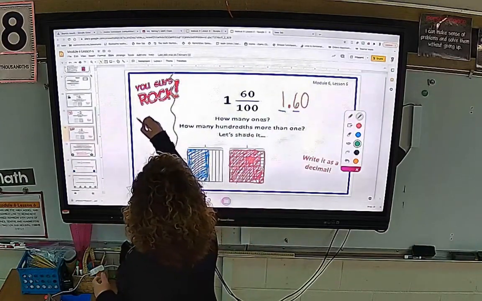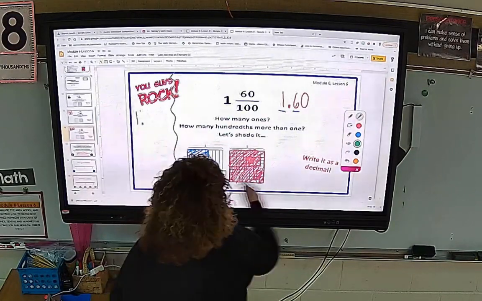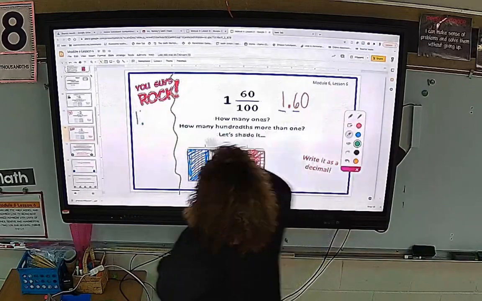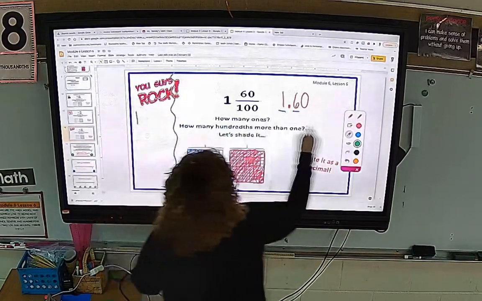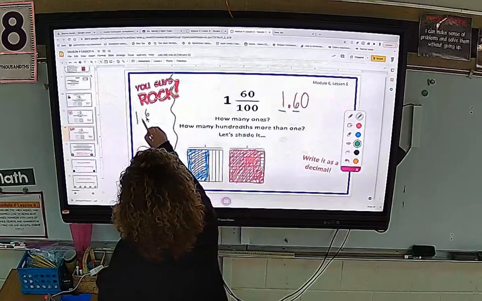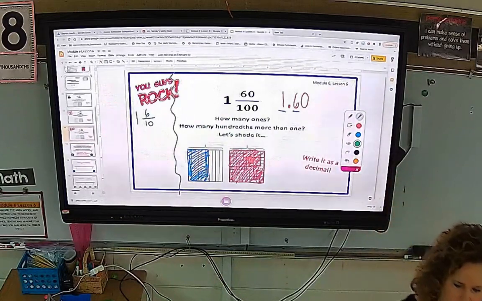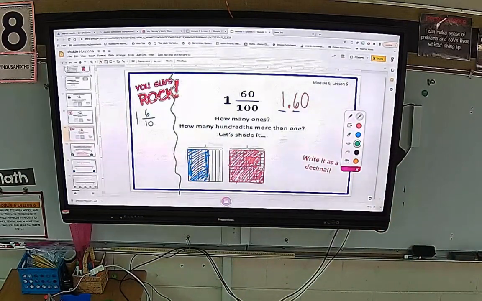Let's do, I don't know, 1 and 6/10. Okay. 1 and 6/10. So go ahead and show that. Write it as a decimal and then show it on the next 2 boxes. You know you're going to need 2 boxes because it goes bigger than 1, doesn't it?